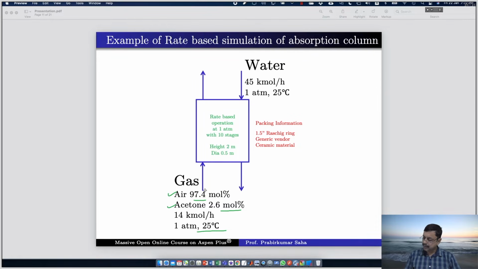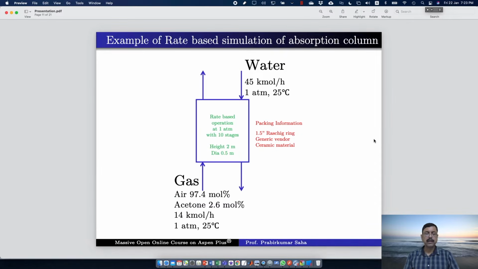This gas is passed to this column and scrubbed with pure water, whose flow rate, temperature and pressure conditions are given as well. The column is operating on rate basis at 1 atmosphere pressure. It has 10 stages. Its height and diameter are given, 2 meters and 0.5 meters. There is some packing information: 1.5 inch Raschig ring, generic vendor, ceramic material.